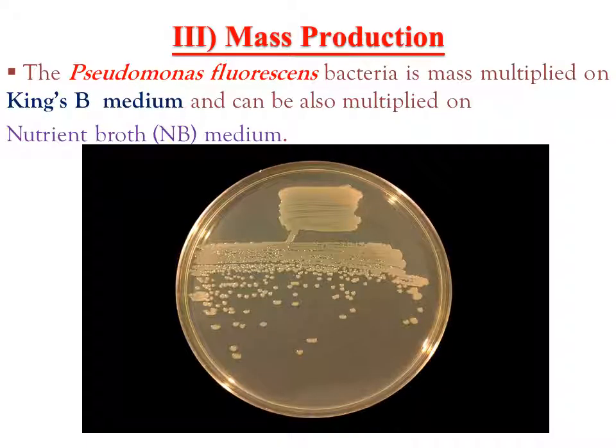Mass production of Pseudomonas fluorescens can be undertaken in the laboratory with specific media, that is King's B medium and nutrient broth medium, popularly known as NB medium, which can be used for the production of Pseudomonas fluorescens.